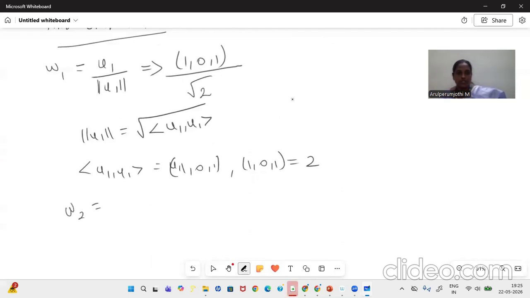Similarly, w2 is equal to u2 divided by norm u2. So u2.